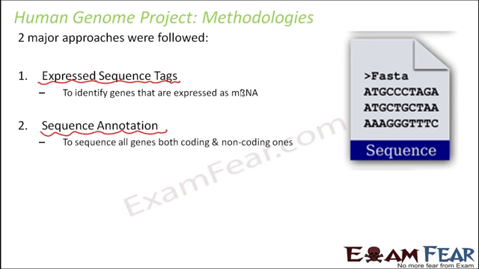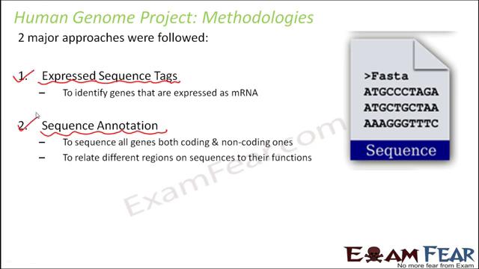Whereas in sequence annotation, the sequence of all the genes, both coding as well as non-coding, was identified, irrespective of whether they express themselves or not. So first all the genes were identified and then they were annotated to different functions. These were the two approaches that were followed.